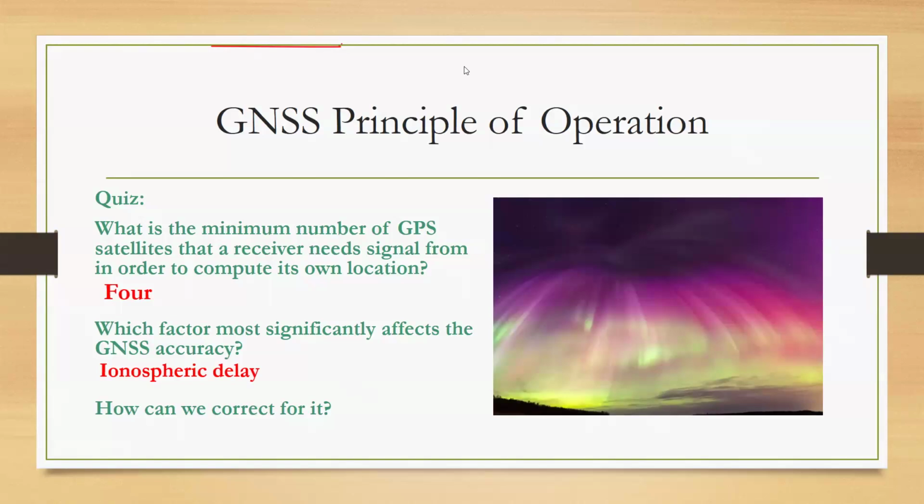Not multiple receivers, but dual frequency receivers. A dual frequency receiver can receive signals at 2 or more frequencies, and then it can also estimate what the ionospheric delay is.